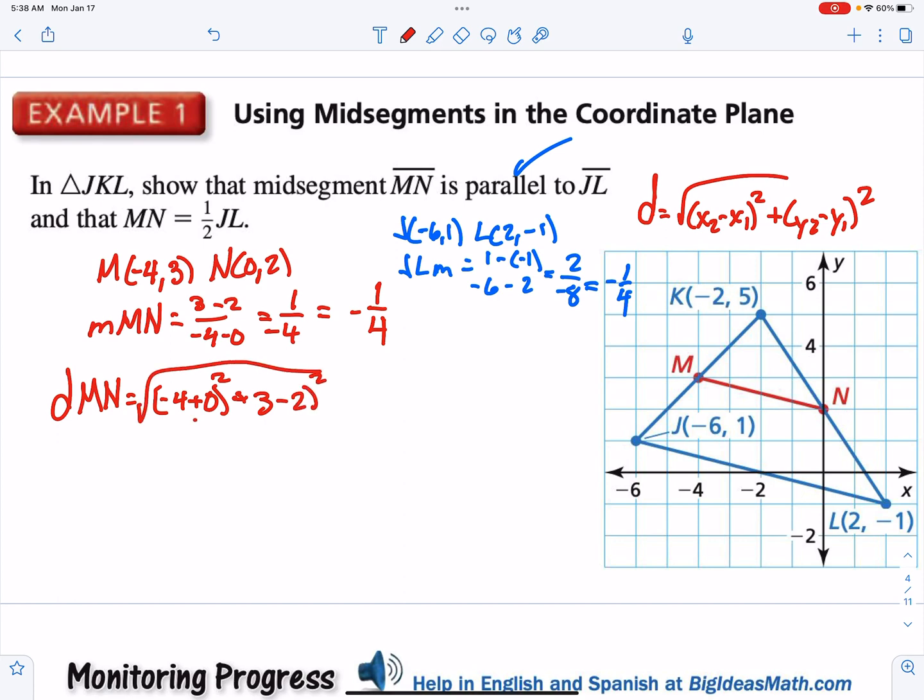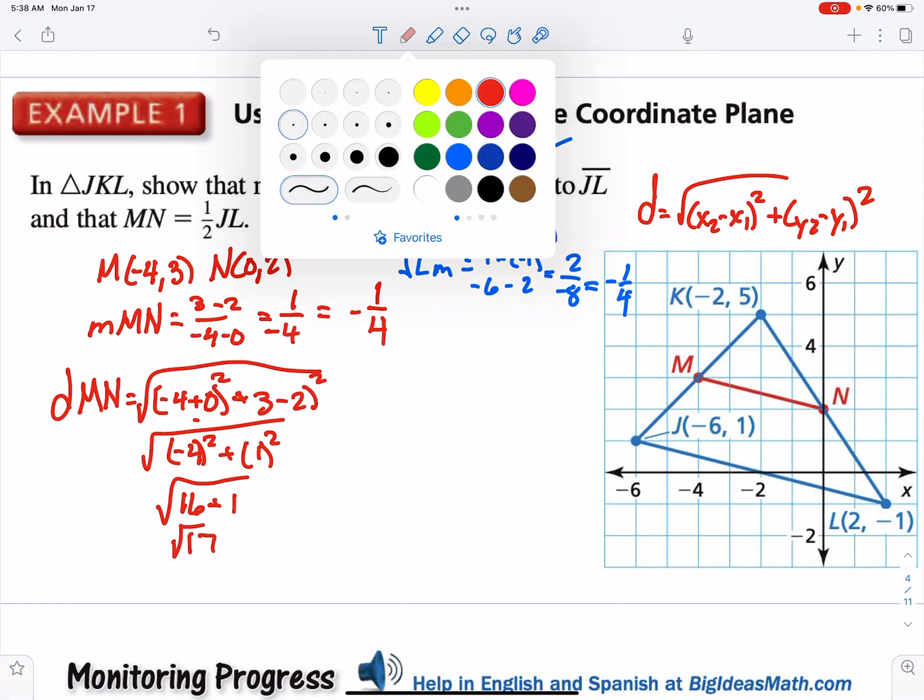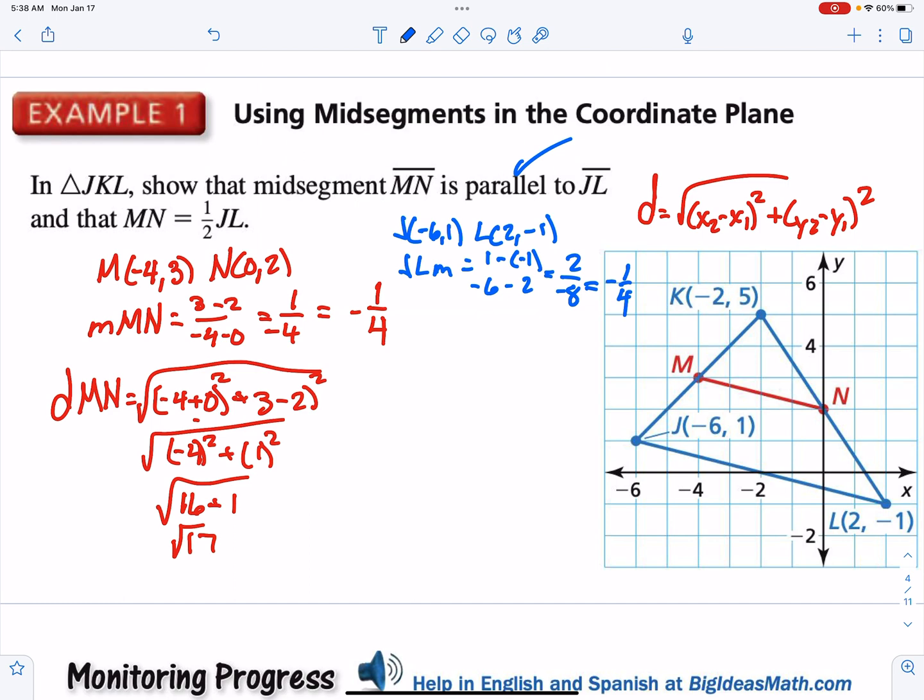You could just as easily have put minus 0; it doesn't matter. So -4 squared plus 1 squared gives us 16 plus 1, which is the square root of 17. I'm just going to leave it like that. You could punch it in a calculator, and that's fine, but I'm going to leave it as the square root of 17. We're going to re-go over how to simplify radicals.